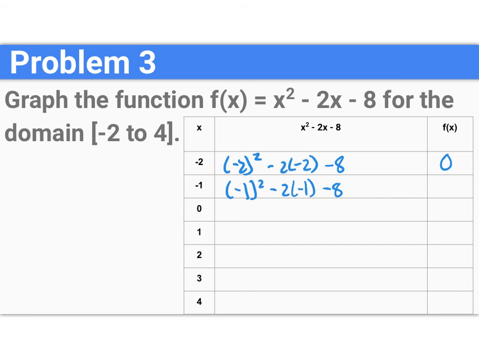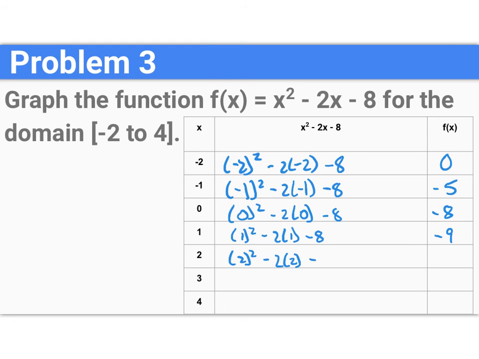So 1 plus 2 is 3, minus 8 is negative 5. 0 squared minus 2 times 0 minus 8 is negative 8. 1 squared minus 2 times 1 minus 8. 1 minus 2 is negative 1 minus 8 is negative 9. 2 squared minus 2 times 2 minus 8. 4 minus 4 is 0 minus 8, so this becomes minus 8.